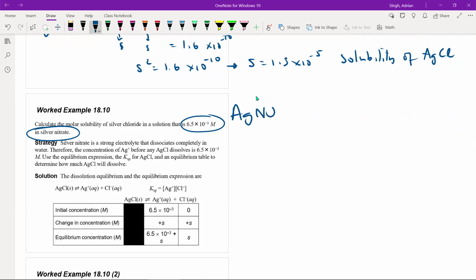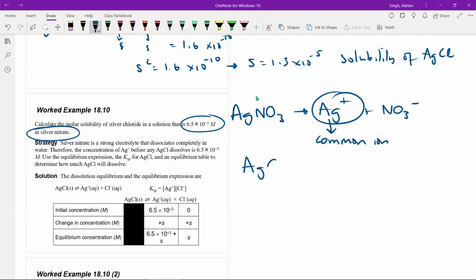Silver nitrate has a common ion, and that common ion is the silver ion. In the AgCl system, we know that it produces the Ag+ and the Cl-. The Ag+ from the silver nitrate solution is common to our equilibrium system.